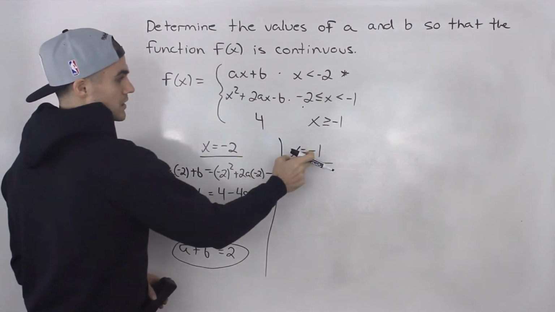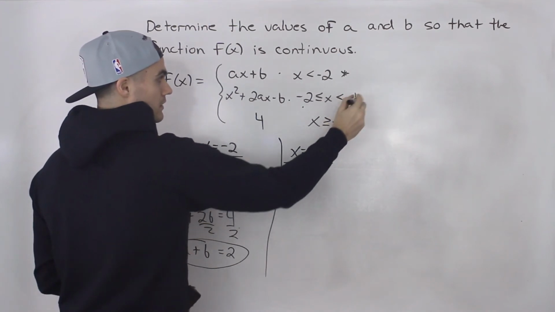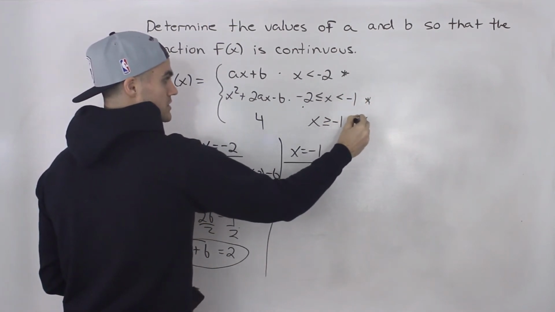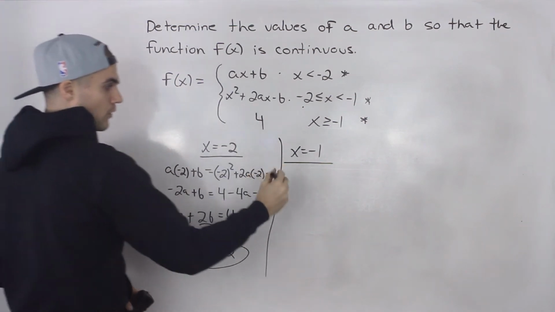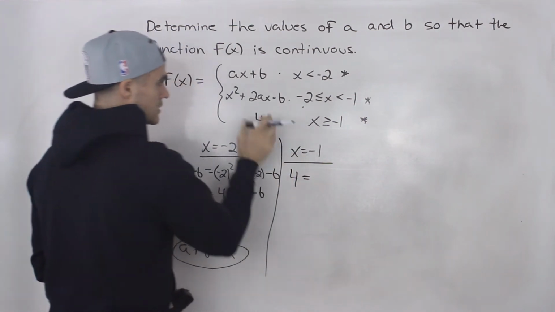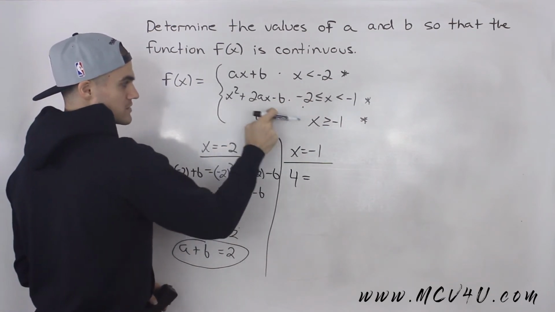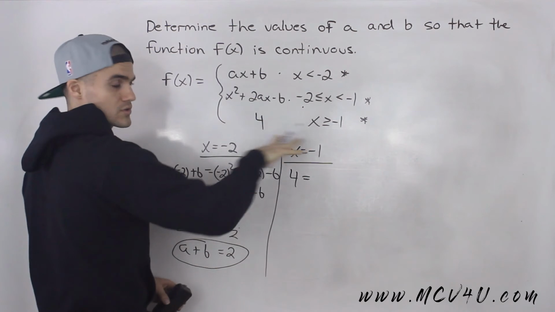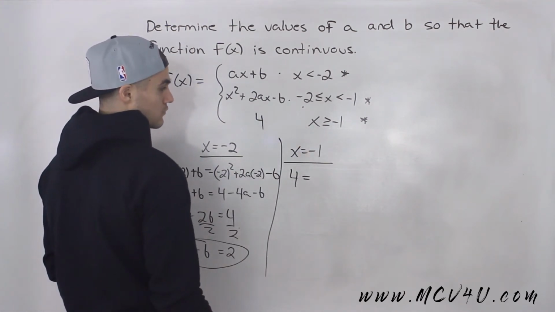What about this meeting point of x equals -1? Well, at an x value of -1, these two functions have to equal. The y values have to equal. So 4 has to equal this function at an x value of -1. Notice that there's no x values to plug in here. This is just a horizontal line when x is greater than or equal to -1.